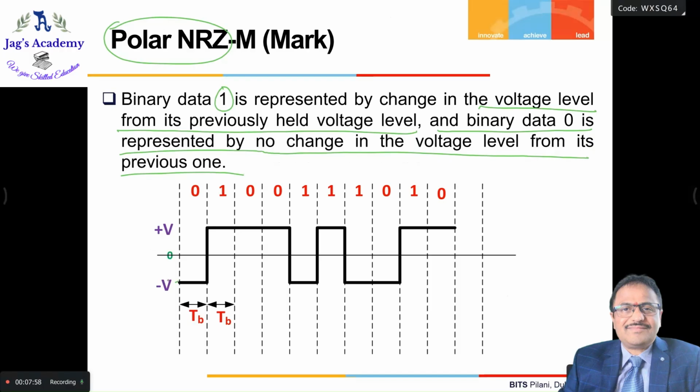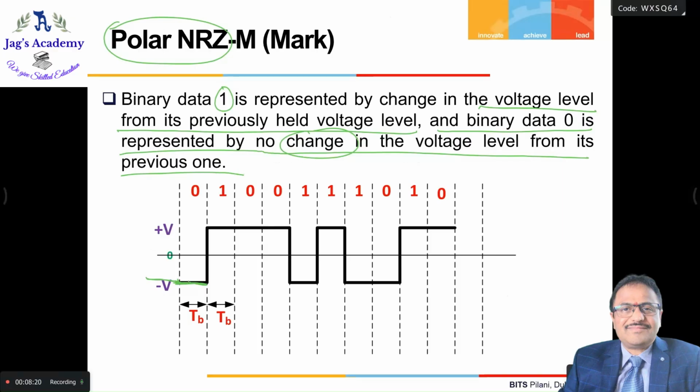Exactly, 0. Voltage level 0 here. It encounters the 0, which means there is no change in the voltage level. Have you understood this now? No change in the voltage levels.